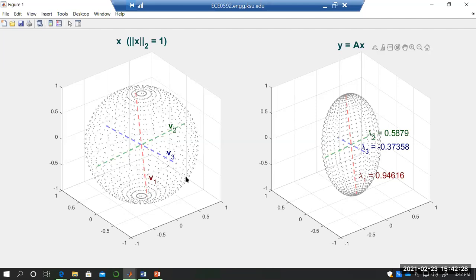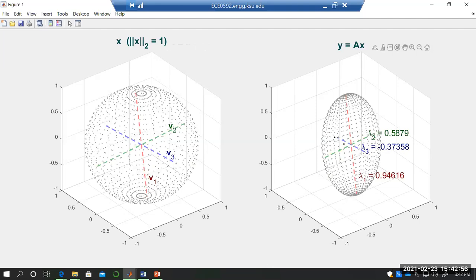Okay, and this is the direction of minimum stretching, V3. And now in each case, if I let x equal V1 or V2 or V3, remember that the direction remains the same. If I take x as a linear combination, then the direction might change, correct? Okay, so, but lambda 3 is negative 0.37.